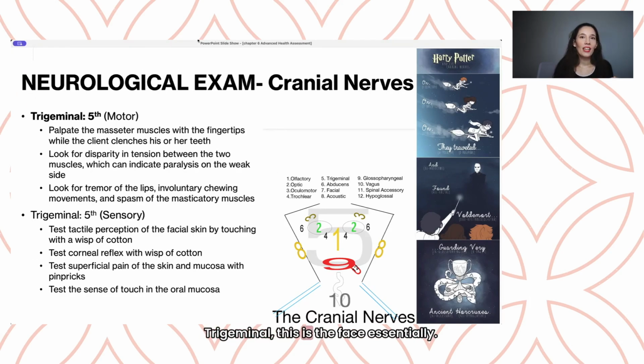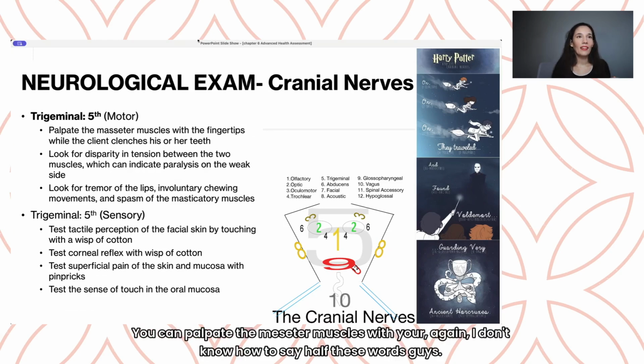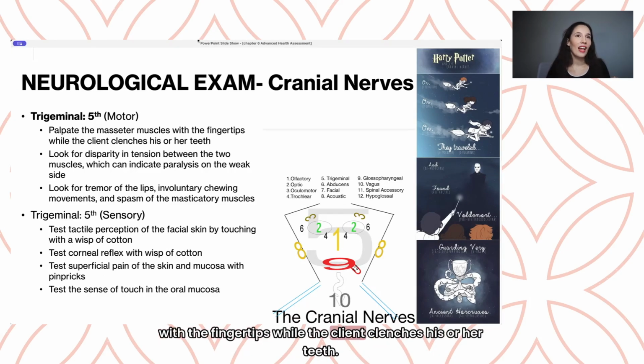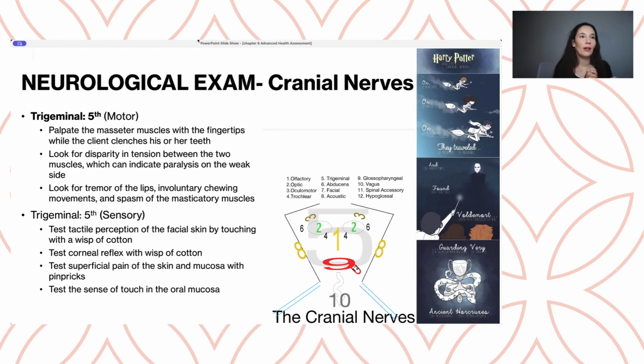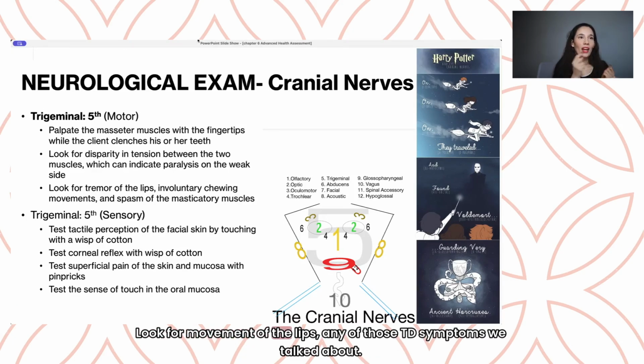Trigeminal, this is the face, essentially. You can palpate the masseter muscles with the fingertips while the client clenches his or her teeth. So you're just putting your hands here, asking them to clench their teeth, and seeing if you feel it. Look for movement of the lips, any of those TD symptoms we talked about.